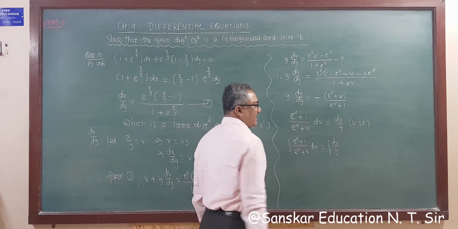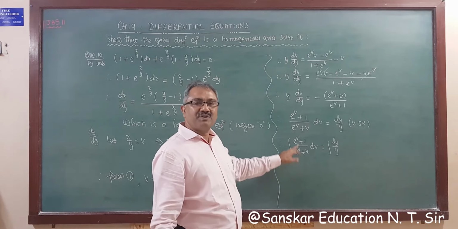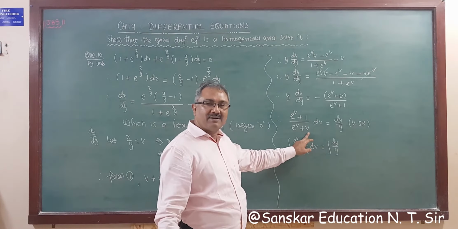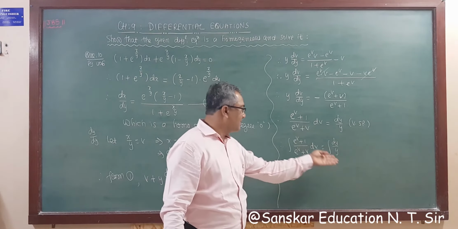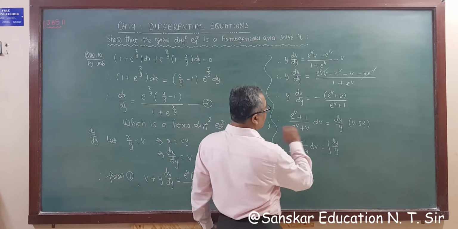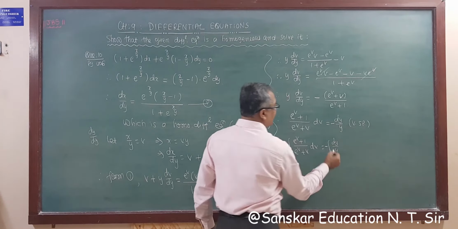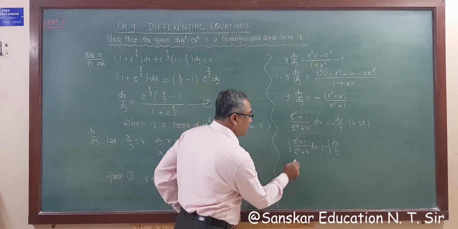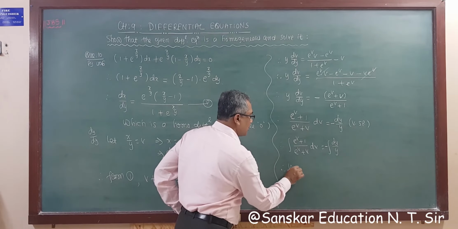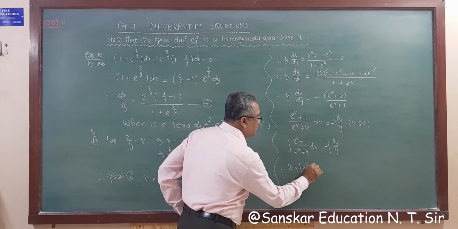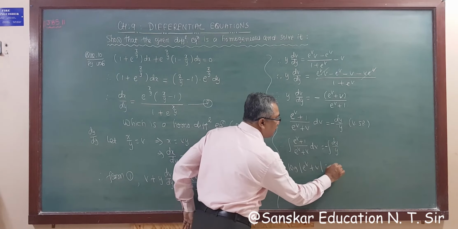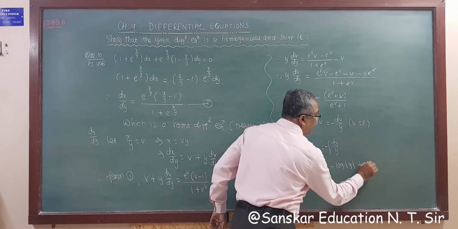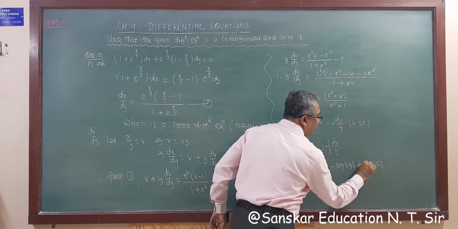Now see, derivative of e^v is e^v, and derivative of v is 1, right? So derivative of the denominator is in numerator, this is obviously, and here we missed out minus. We forgot to write this minus. So derivative of the denominator is in numerator, so the answer is log (e^v plus v) is equal to minus log mod y plus log mod c, right?